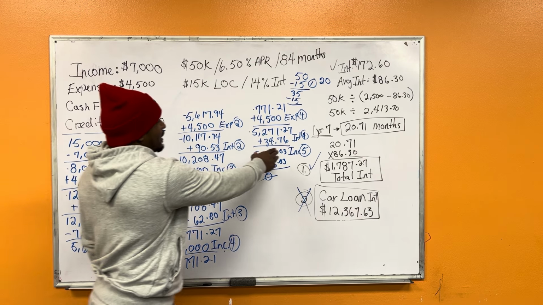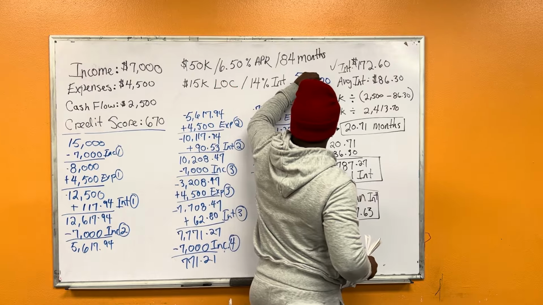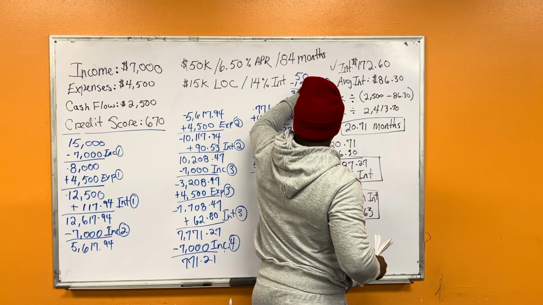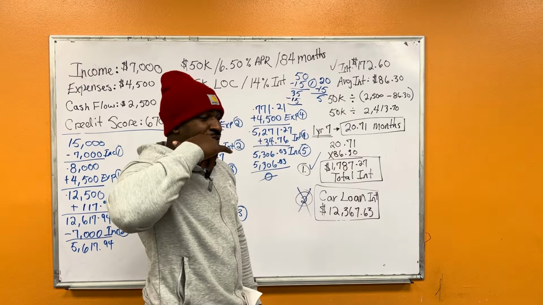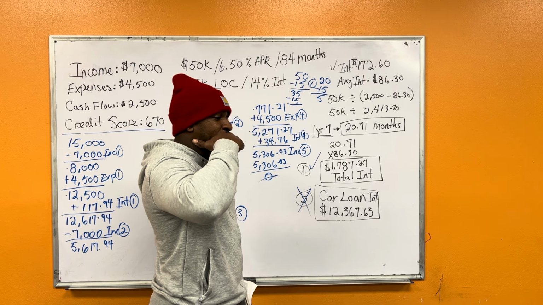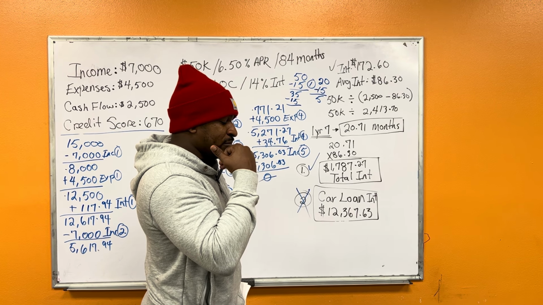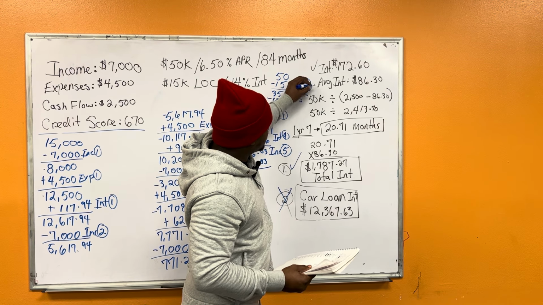5 months pass. Hey, I want to make another $15,000 chunk towards the principal of my car loan. Okay, let's do it. That's where that comes in.